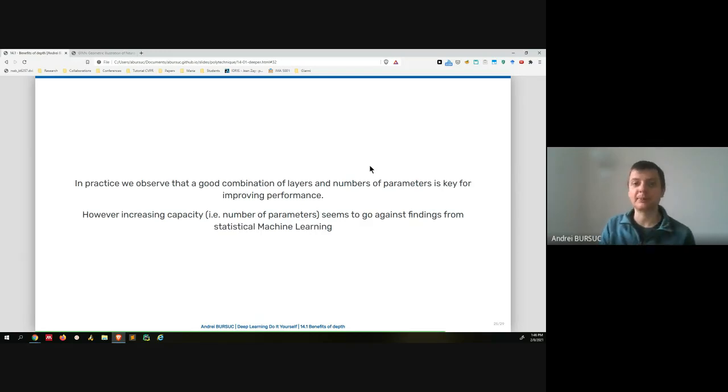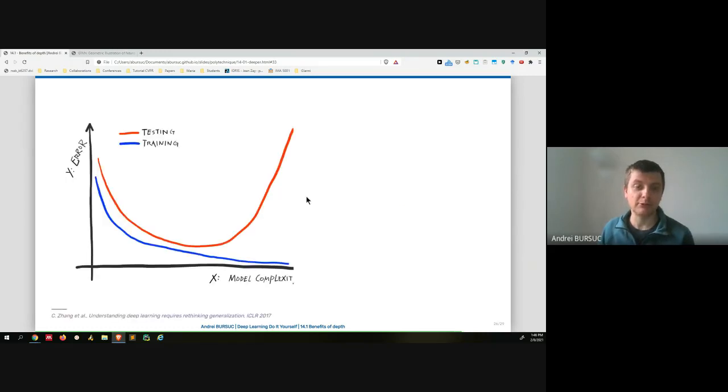But if you did other machine learning courses before, you might know that increasing the capacity seems to go against the findings from statistical machine learning. If you remember from these courses, here we have the model complexity, which can also be the capacity of a neural network.